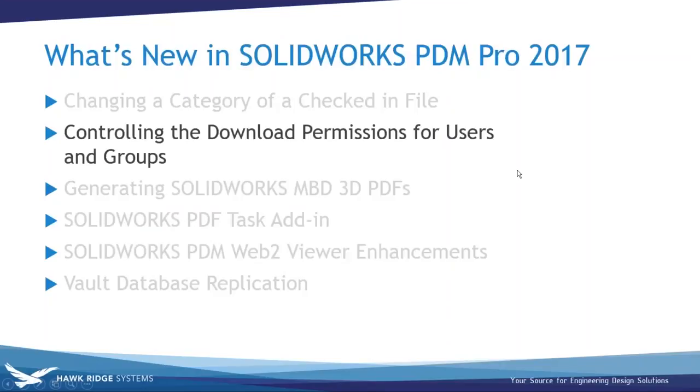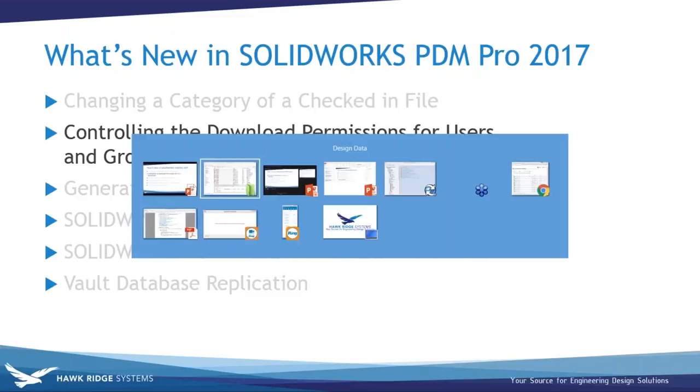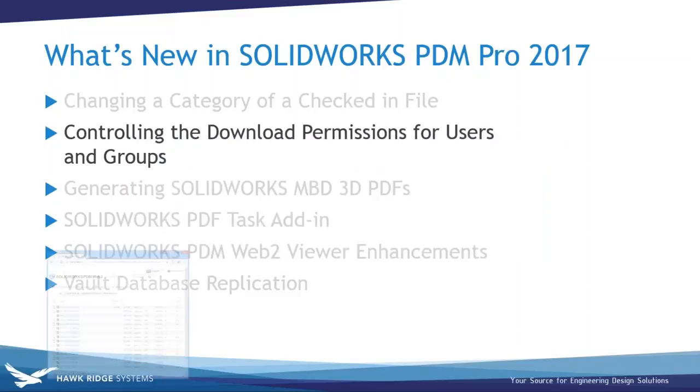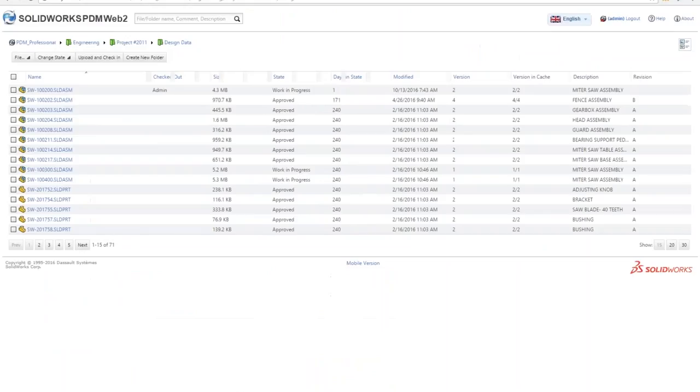And then controlling the download permissions for users and groups. So if you're using the Web 2 portal, well, if you're not, I would suggest checking it out, trying it. We use it internally to give access to people that don't have PDM, like our marketing folks that don't have a SOLIDWORKS PDM installation.